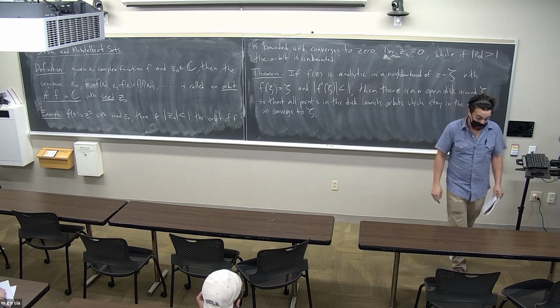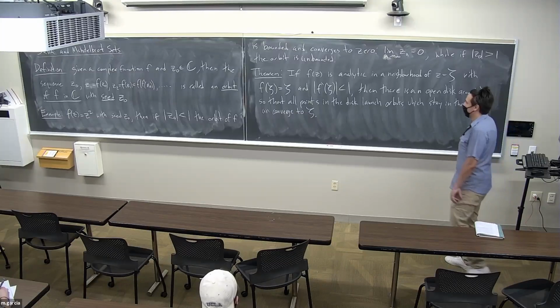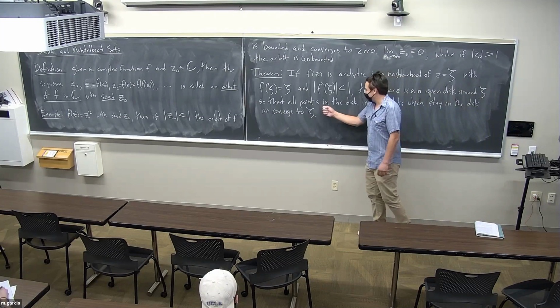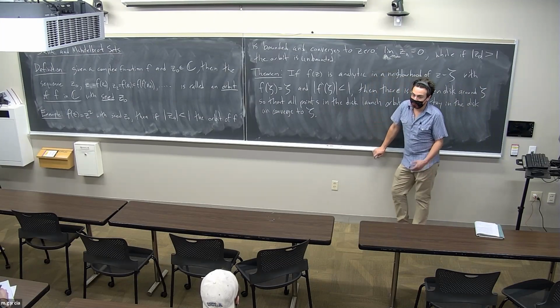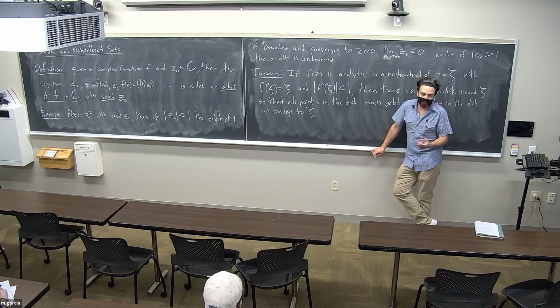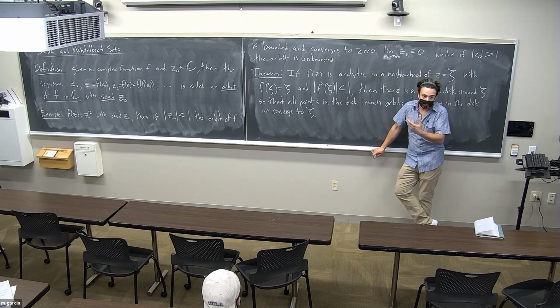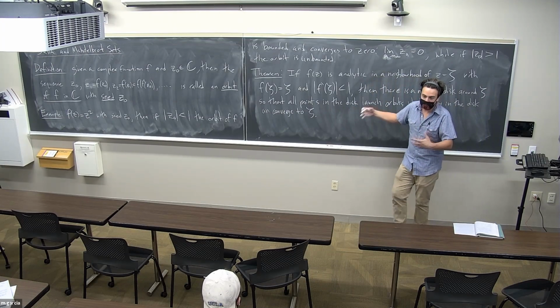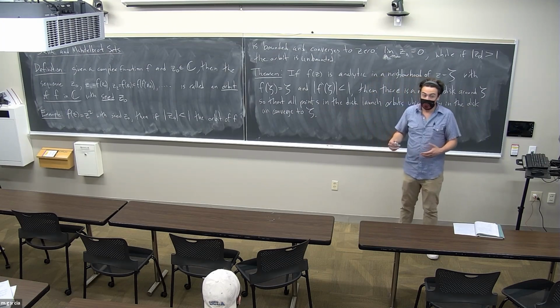Okay. So when I say all points in this disk launch orbits, what I mean is that if you take any point inside this disk and make it the seed of an orbit, it will stay inside this disk and converge to this point, zeta.